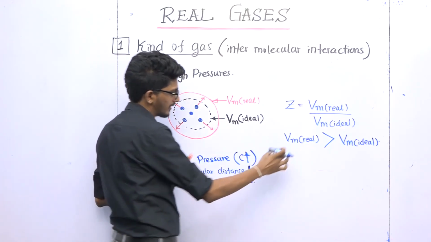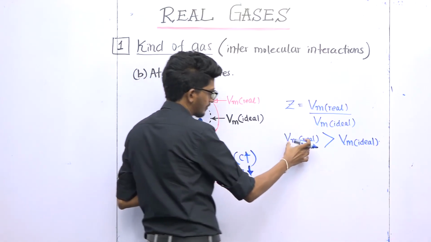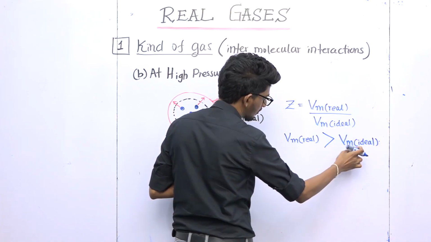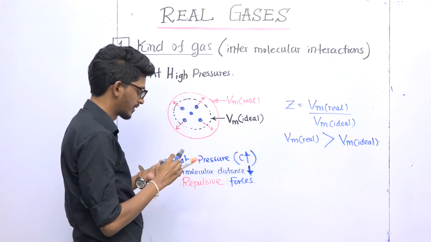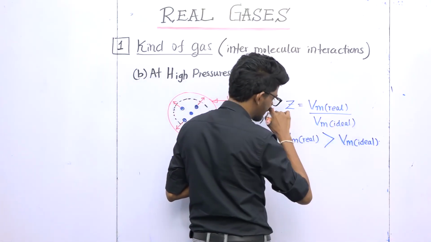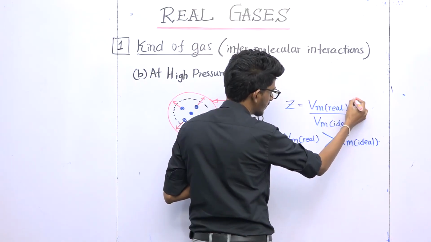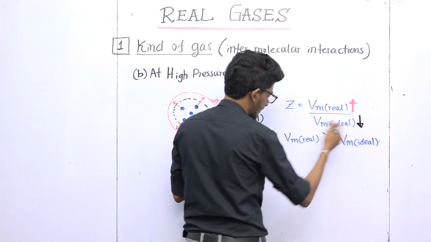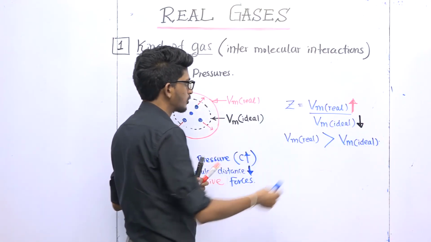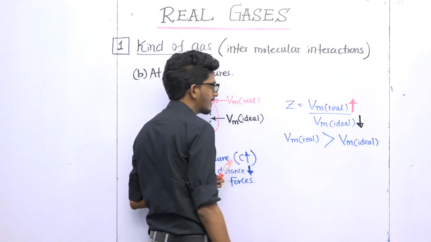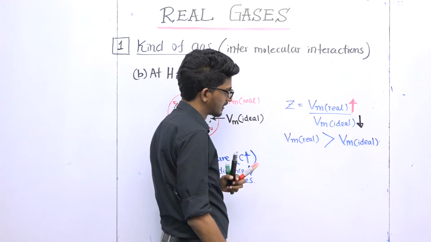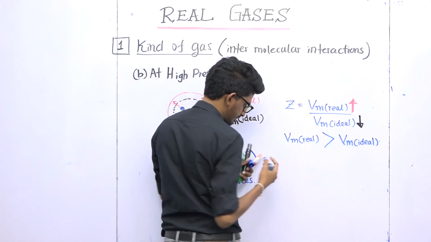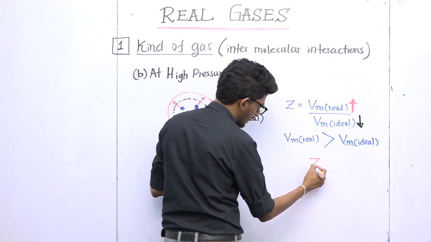So the numerator is a larger value and the denominator a smaller value, like 2 over 1, just 2, or 5 over 2, 2.5. Those are values greater than 1, so the Z value would be greater than 1.